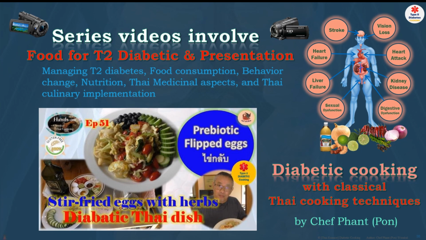So the video that I'm going to put on YouTube, like Classical Thai Cooking, 3534. When you go to that channel, you see Chef Phant, and you see what all these videos look like. This is the format the video is going to look like. It's going to be hands-on.